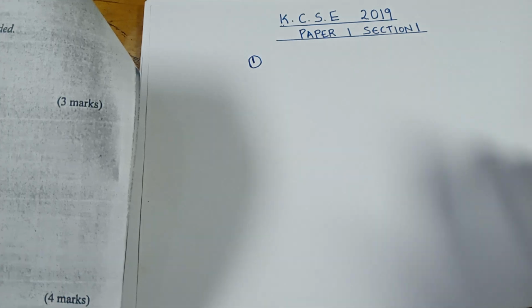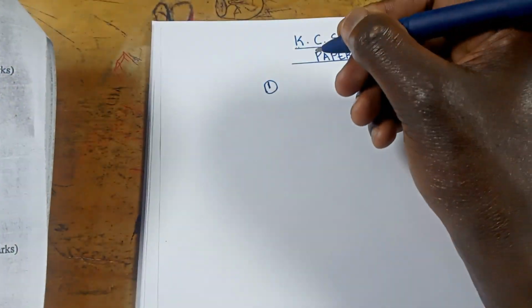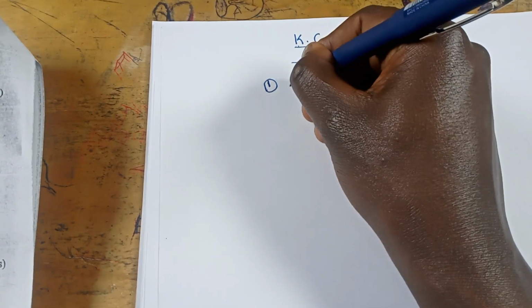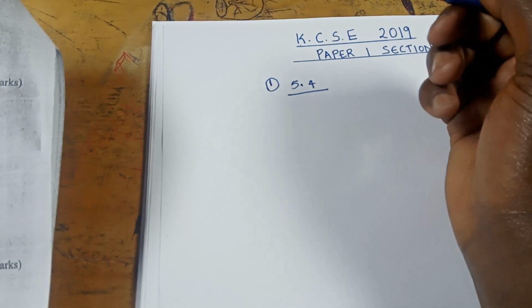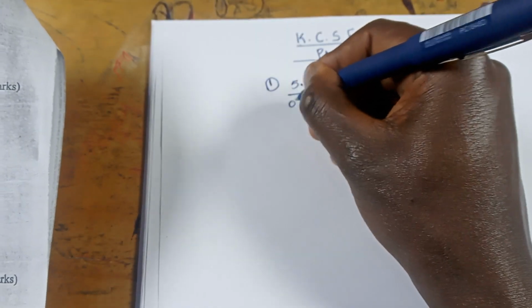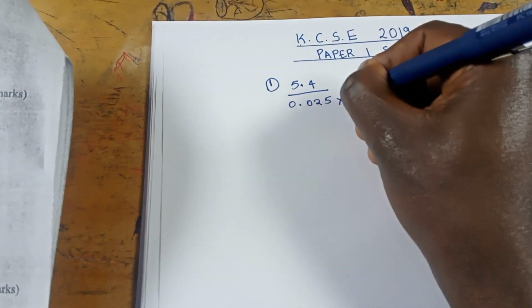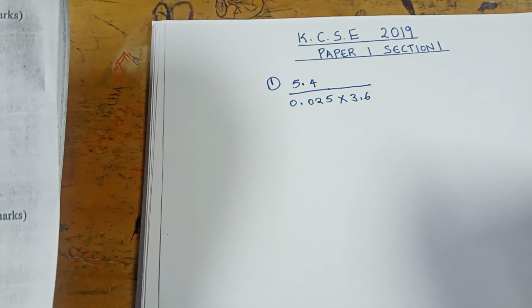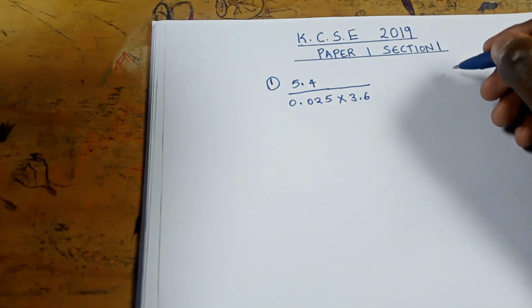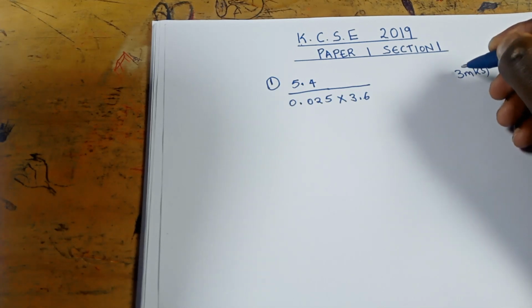We have 5.4 over 0.025 multiplied by 3.6. That is what we are expected to solve, and the question is earning you 3 marks.